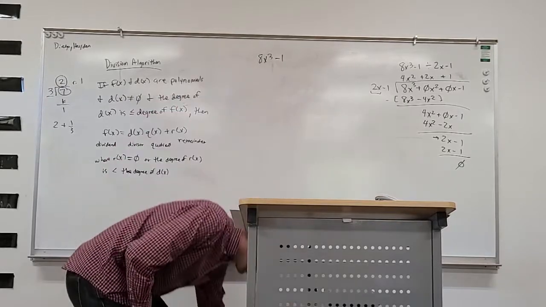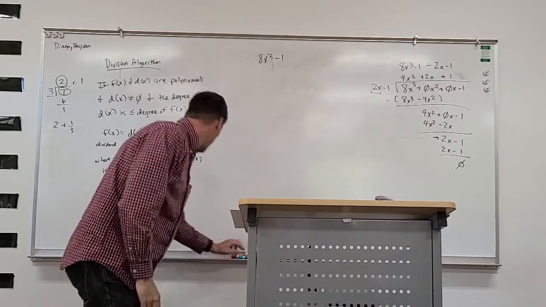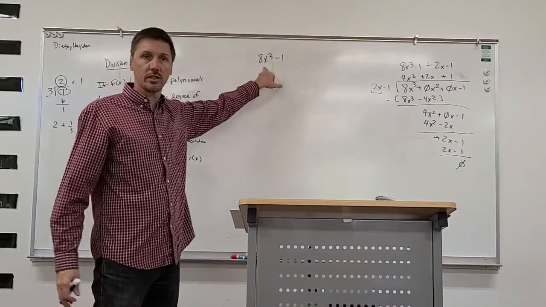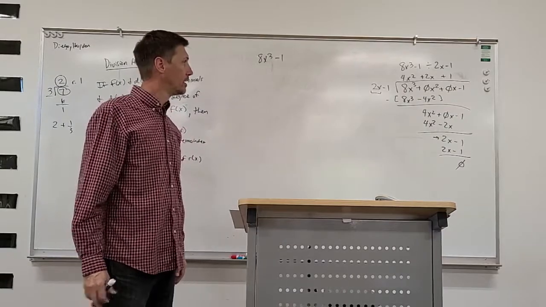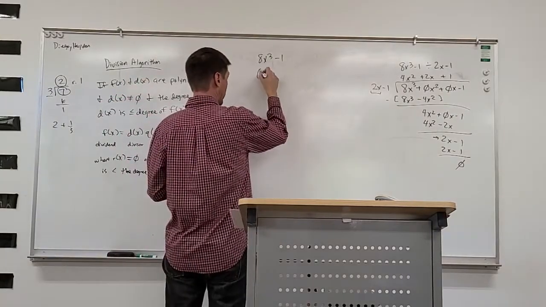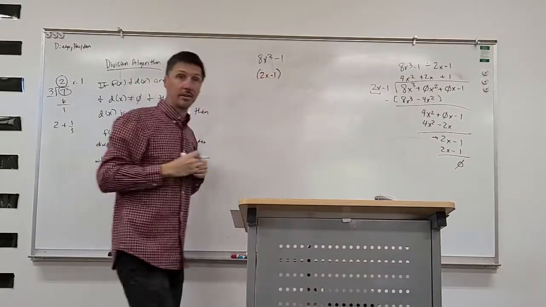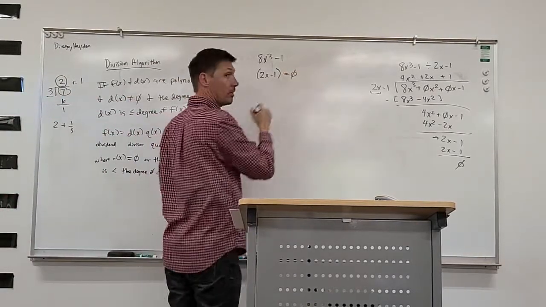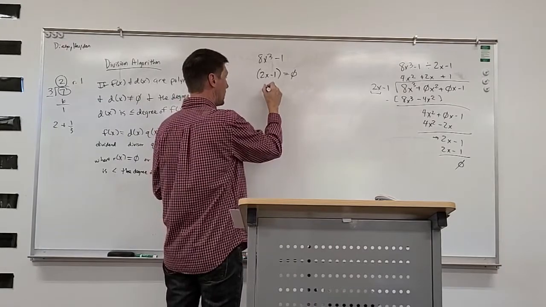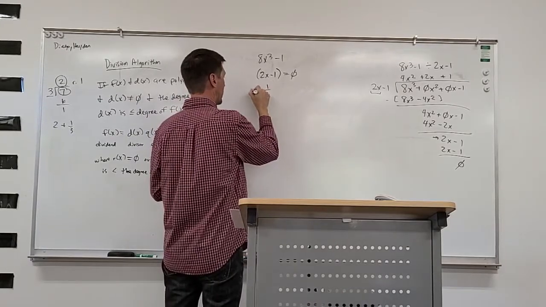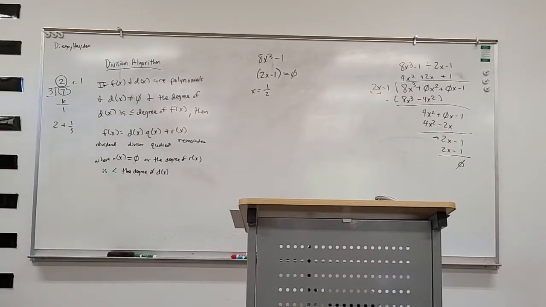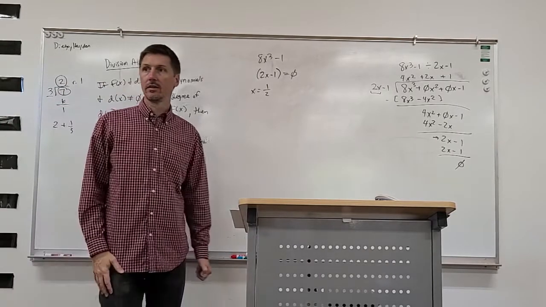Because we did the long division here and we got a 0 remainder, then what is actually a 0 of this function? 2x minus 1 is a factor. And so the 0, if I set this equal to 0, I would rearrange that and I would get x equals 1/2. So 1/2 is my 0. Make sense? Yep. All right.